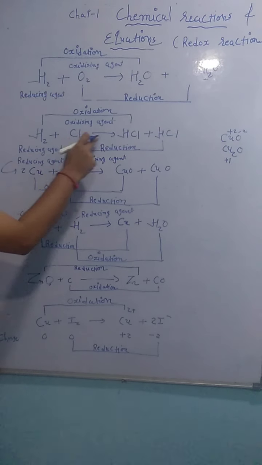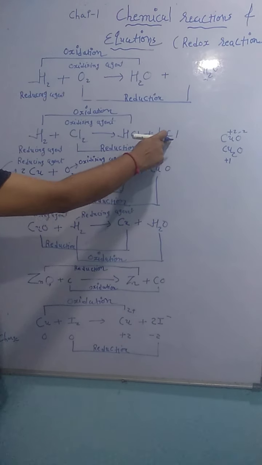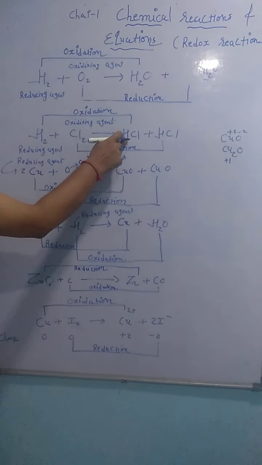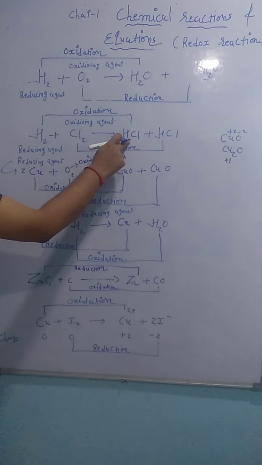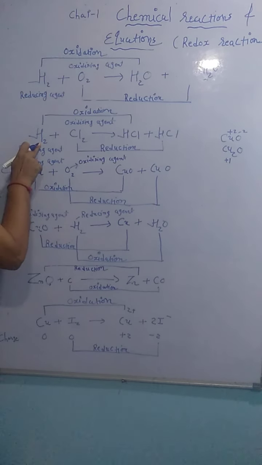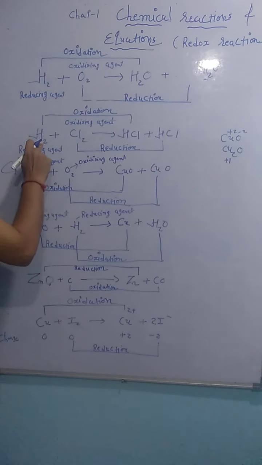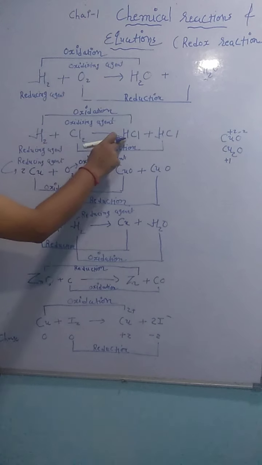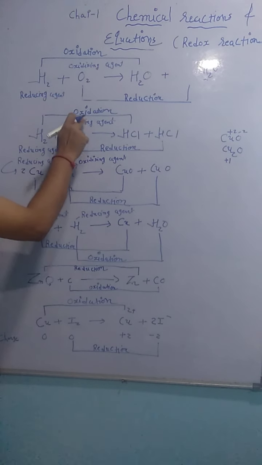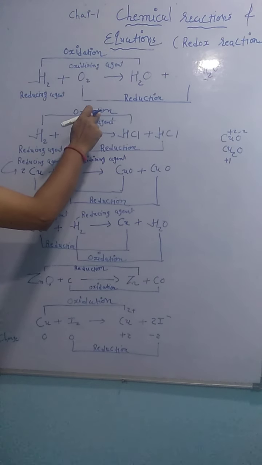H2 plus Cl2 gives HCl. We will compare H2 and HCl. Whenever you compare H2 and HCl, hydrogen is 2 here and 1 there. Hydrogen is removed, so this is an oxidation reaction.